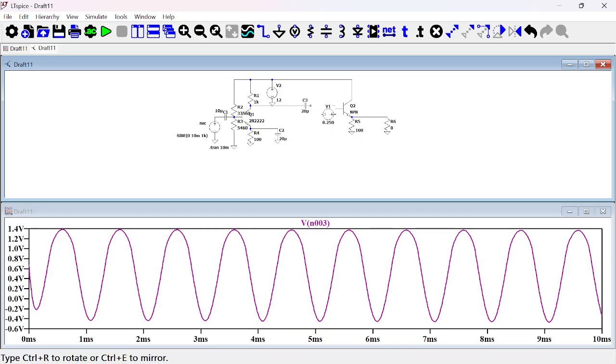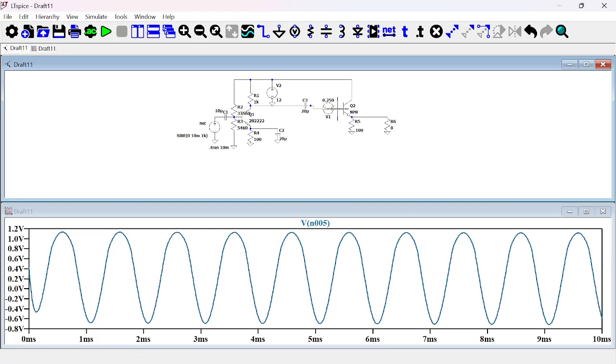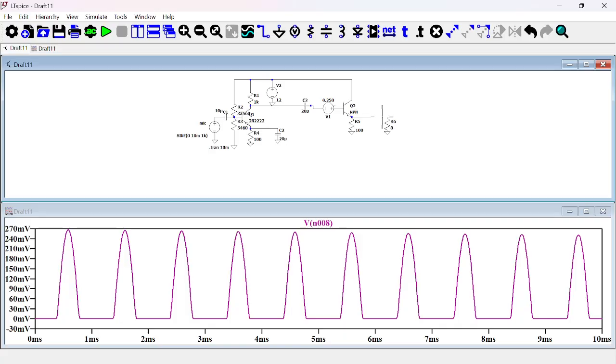Okay, so we are going to run this and check our operating point voltage, and it's still not working. So what could possibly be the cause?